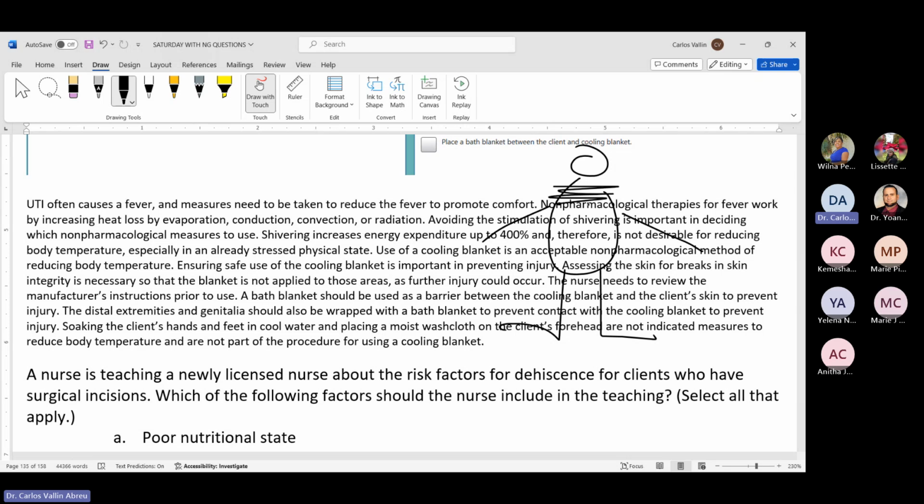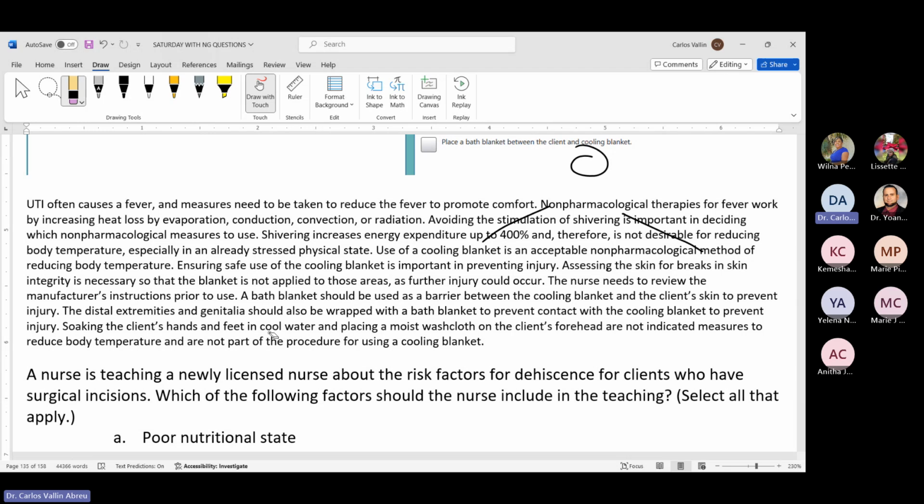The cooling blankets are applied basically on the trunk. Soaking the client's hands and feet in cold water and placing a moist washcloth on the client's forehead are not indicated measures to reduce body temperature and are not part of the procedure for using a cooling blanket.